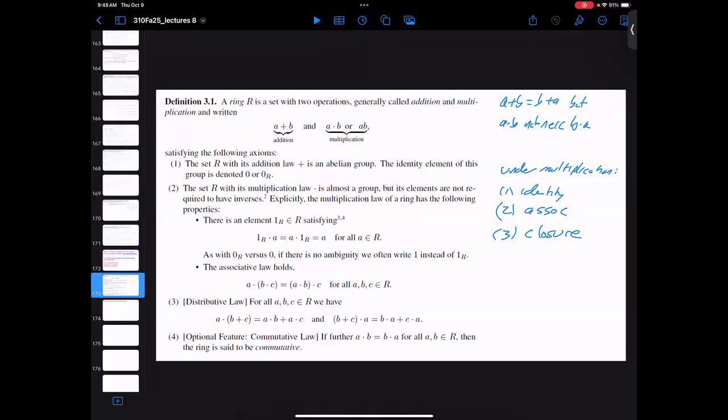Can you give me an example of a ring that's not commutative? And this is from a class you've taken to get here. Matrices are. So if I'm asking for a ring, matrices under multiplication and under addition. If you're going to be that explicit, you can just say matrices and I'll be fine. But as soon as you start to say matrices under multiplication, then you've got to say the other one as well.